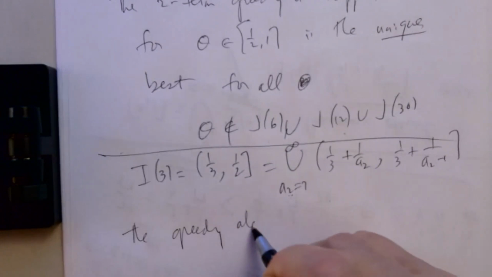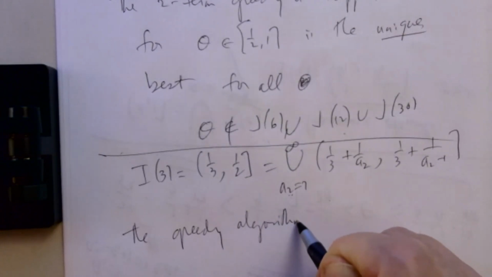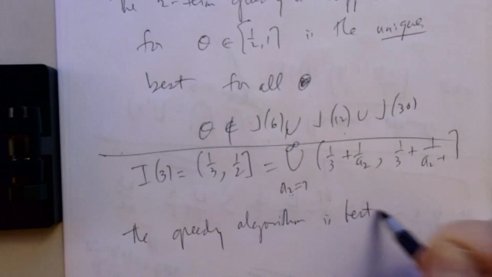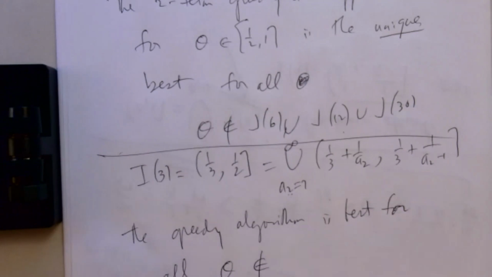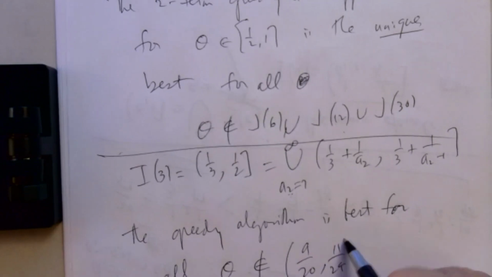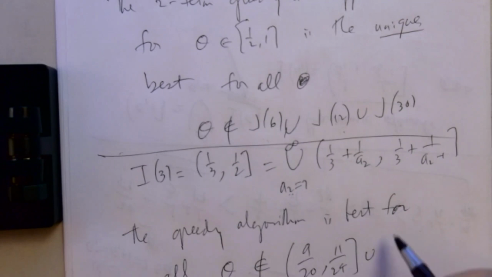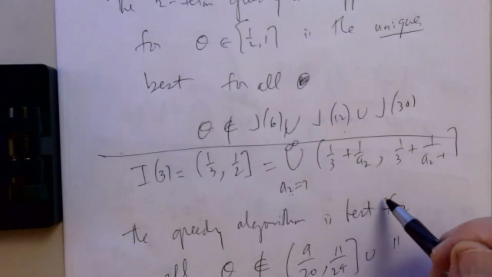So the greedy algorithm is best for all theta except in the intervals 9 over 20 and 11 over 24, and sorry, is best and unique.